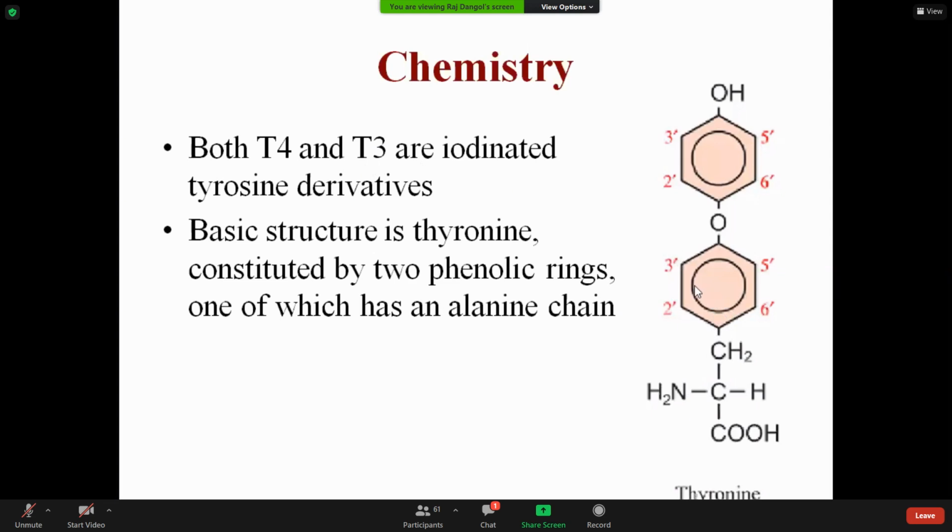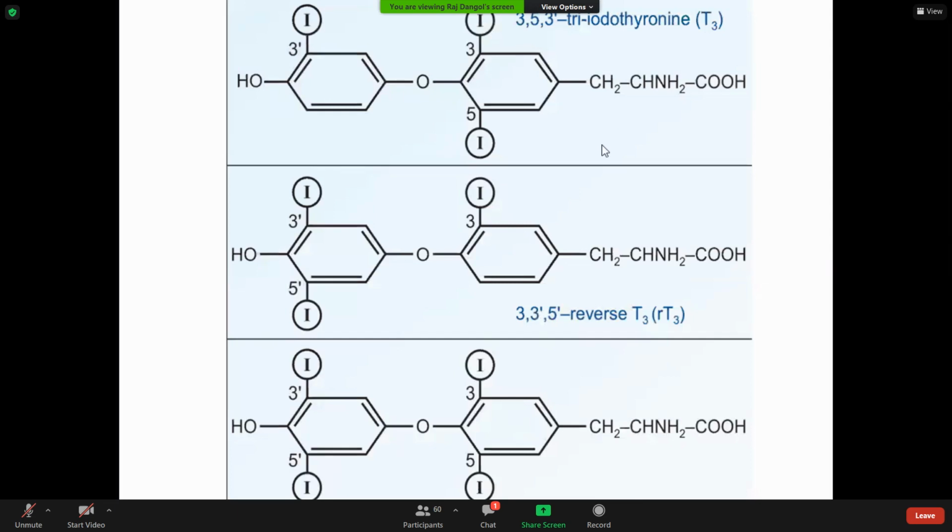For the formation of T4, on the phenolic rings, iodine is bound at the third position, fifth position, 3' position, and the 5' position. That is tetraiodothyronine, or thyroxine.